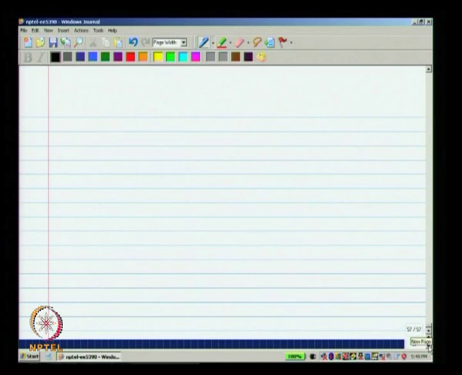Now, finally, one more thing about standard op amps that you see. Most of them are unity gain compensated.